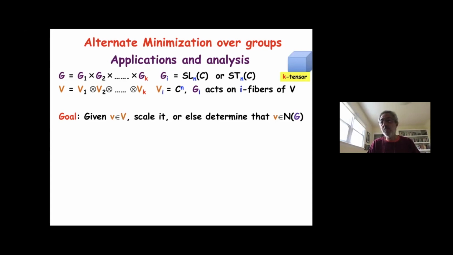This is related to the characterization we saw before, and it should remind you that we could scale a matrix if the permanent was not 0, and we could scale an operator if the capacity was not 0. It's the generalization of that. So we want to scale a tensor.